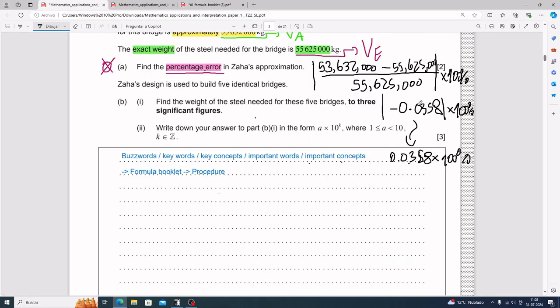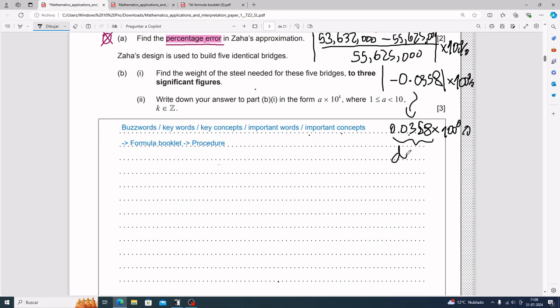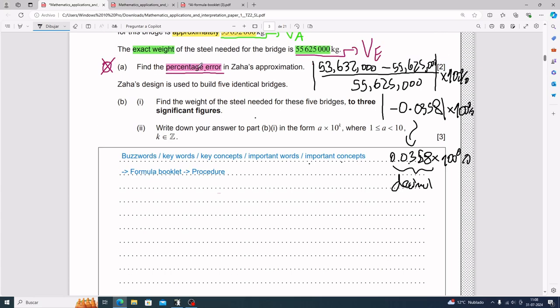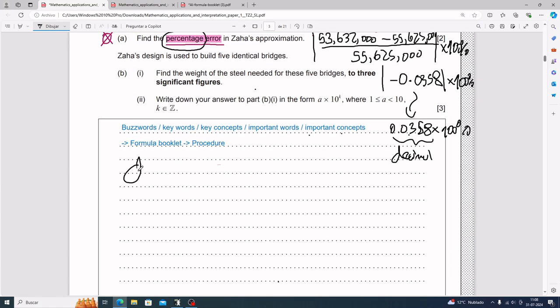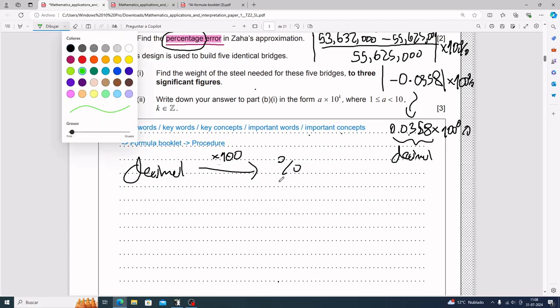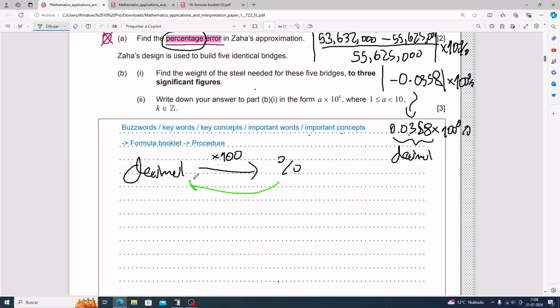So there we go. We put it as a positive value, and this is a decimal. See? But because we want to leave it as a percent, because we're talking about percentage error, whenever you want to go from decimal to percent, all you have to do is multiply by 100. And the other way is the same. If you want to go from a percent to a decimal, you actually divide by 100.